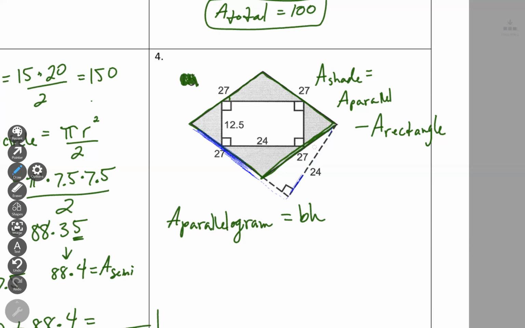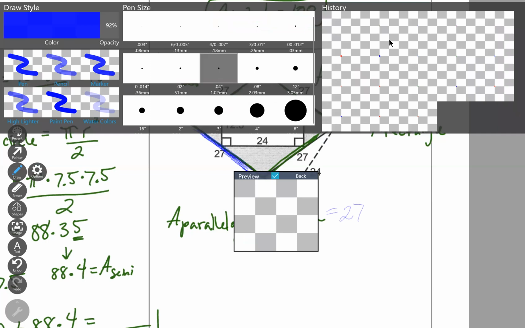And I want you guys to notice something. When you see dashed lines on these kinds of pictures, that's not part of your figure. Your figure is defined by solid lines. These dashed lines are just to show you like heights and things like that. So our base is 27. Let me fix the pin here.